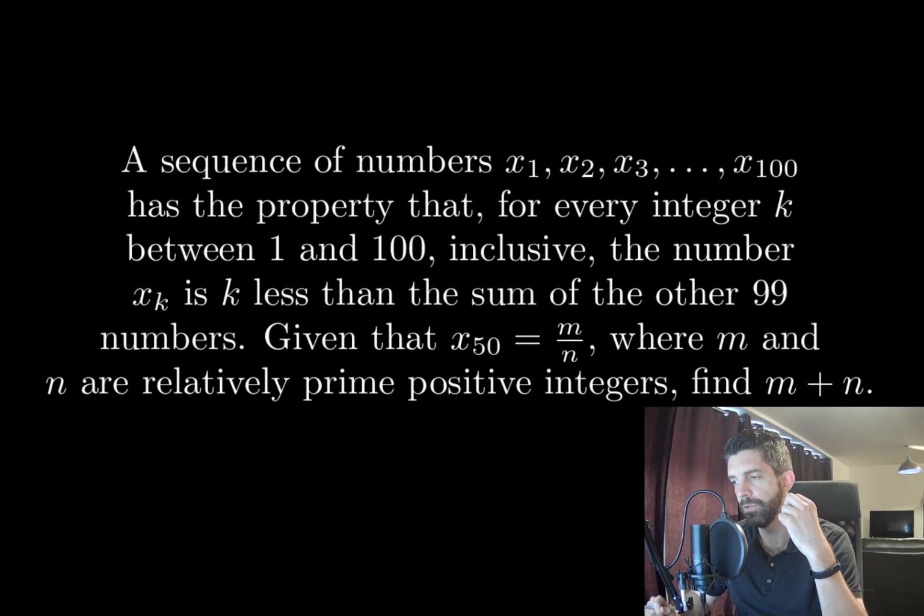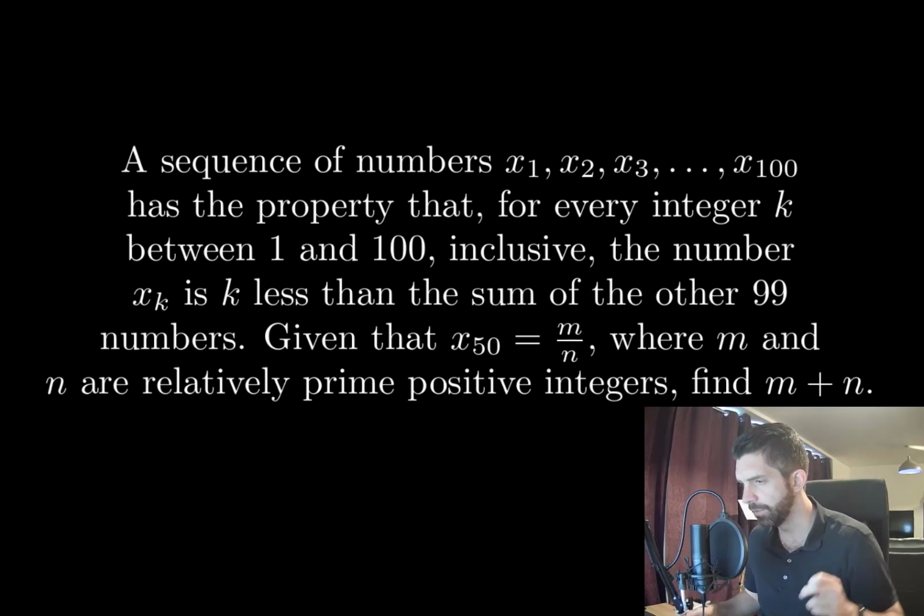Maybe I'll write that equation down for every possible one of the numbers, x1 up to x100, and try and focus in on the equation corresponding to x50 and see if I can add all the equations together or subtract them all or something like that, and just extract out what x50 has to be equal to. But let's start by just writing down this property in an equation.